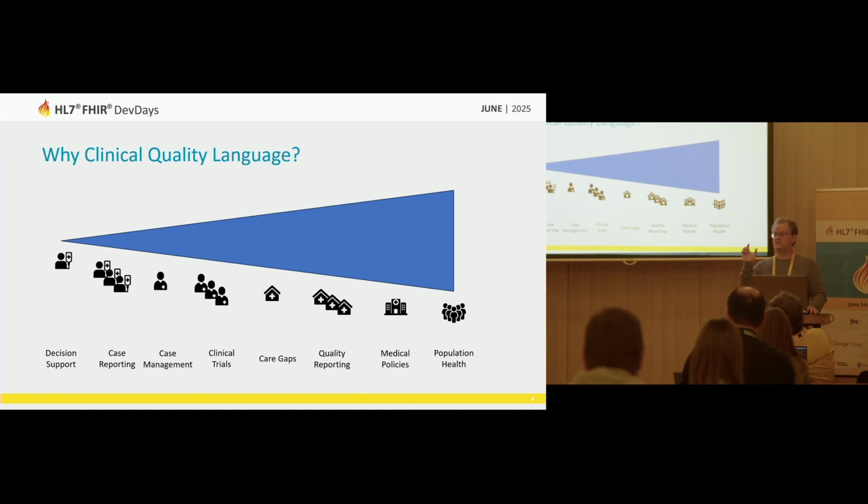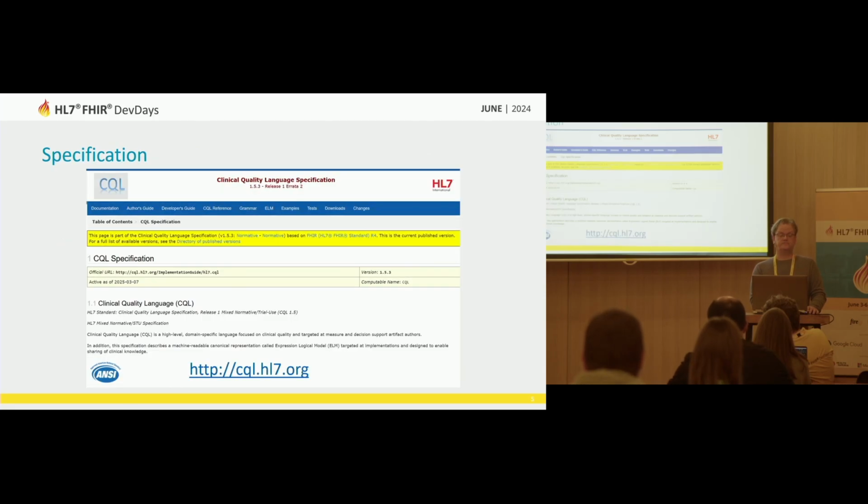Because CQL is just an expression language, and I can express things in terms of a patient or a location or a provider, I can share that logic at those different areas and through those different levels. And again, the execution framework isn't part of CQL. So we're focusing on expressing the logic in a way that lets us share it.